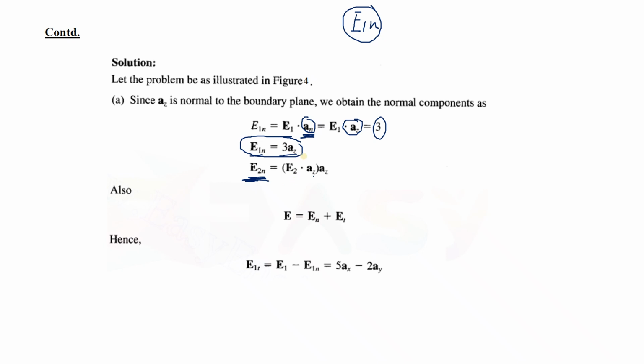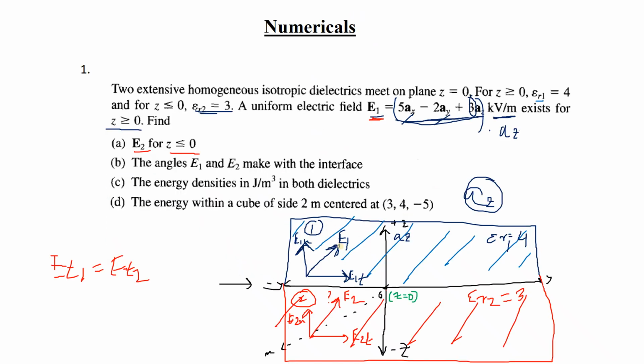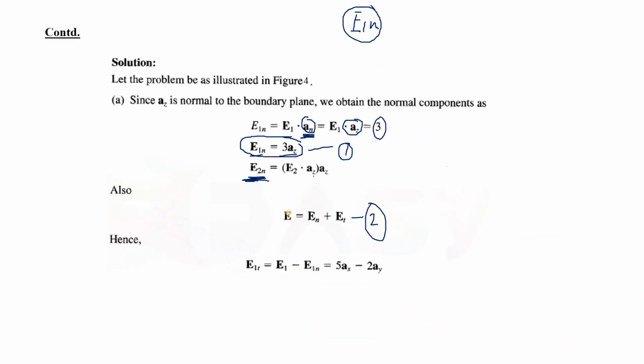Now what we have achieved is this particular statement. This is equation number 1. Now we write the second equation: the total electric field intensity E1 equals E1t plus E1n, vector summation, not algebraic summation. So the tangential component equals the total vector minus E1n.